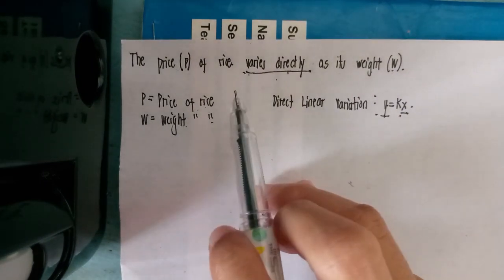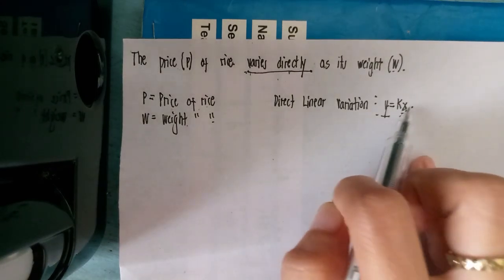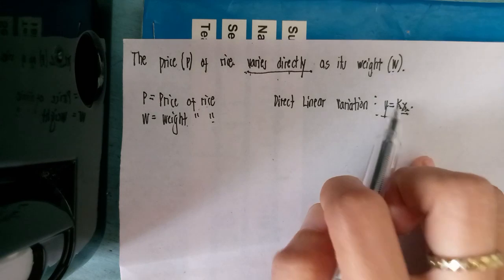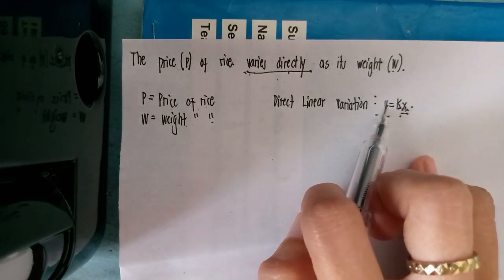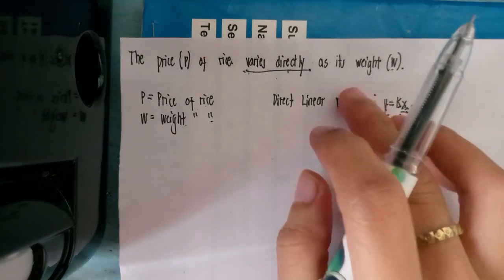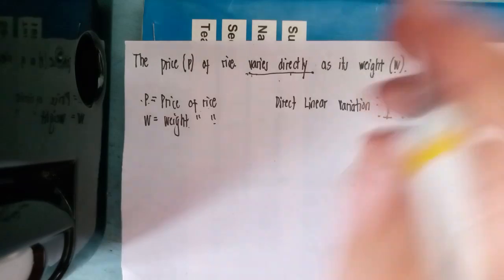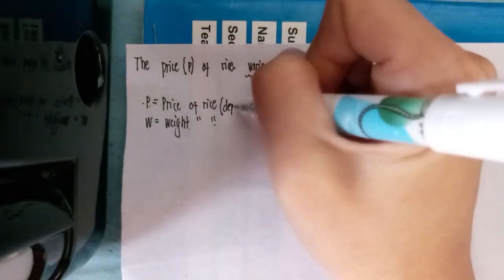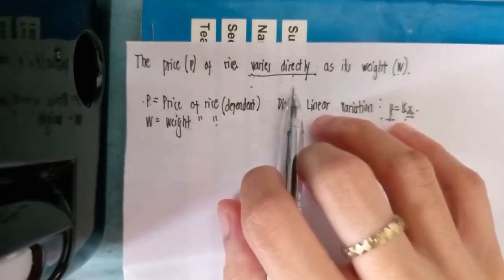Diba? Kung mapalit ang bugas, timbangon una. Kung pilay timbang, i-times sa presyo per kilo, para makahatag siya og value sa y or the amount nga imong bayaran sa imong gipalit. Okay? So, ang P, therefore, is the dependent. And obviously, nag-una ang price of rice, or the one that varies directly.